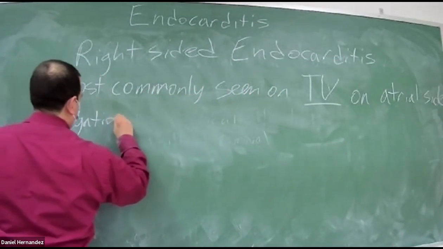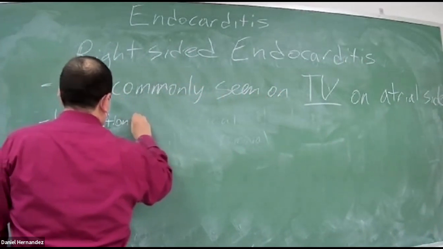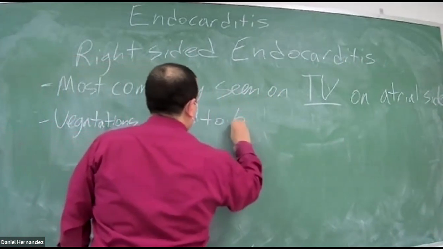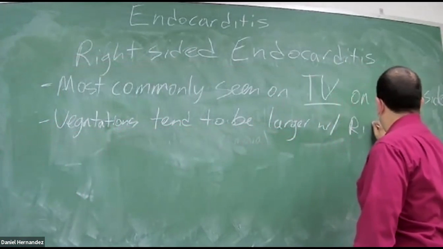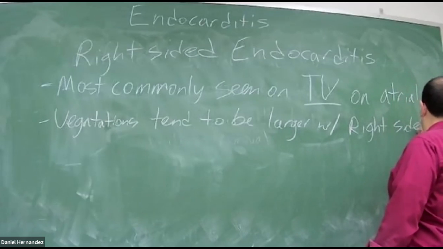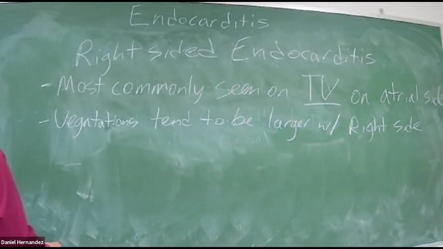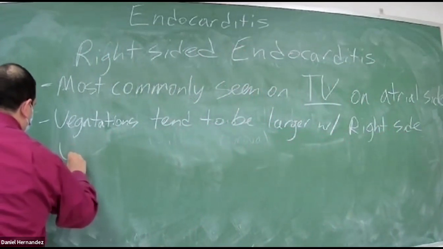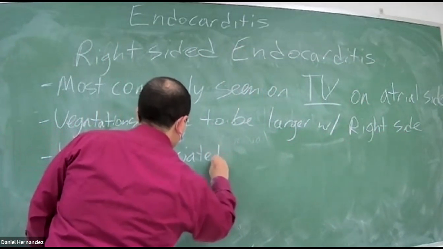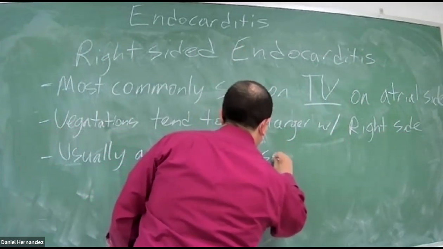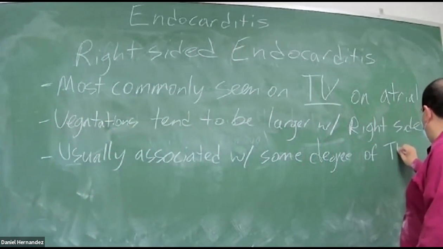Vegetations on the right side tend to be larger, and are usually associated with some degree of tricuspid valve regurgitation.